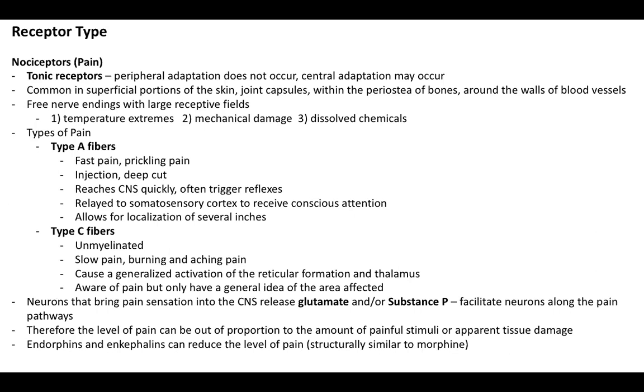The neurons that bring the sensation into the central nervous system release glutamate or substance P. We talked about that earlier in the neurology modules, about how endorphins and enkephalins reduce the level of pain, specifically by reducing substance P.